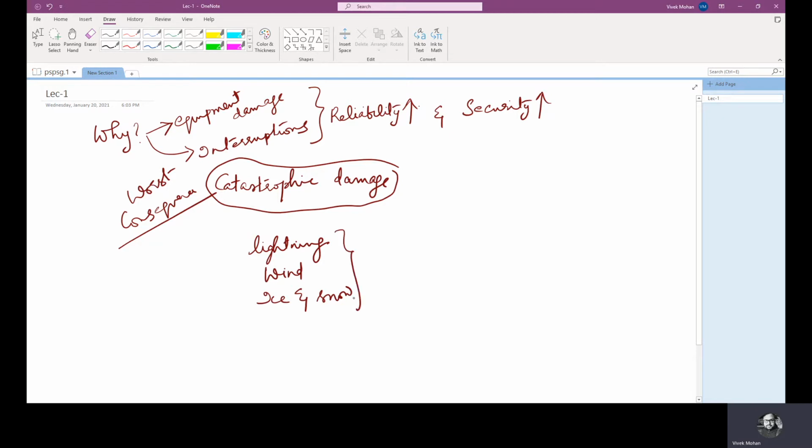Because of these causes, see the second and third, they mostly result in touching of two conductors, which may give an additional path for current to flow, and this will lead to short circuits. Now, lightning is, of course, intermittent.